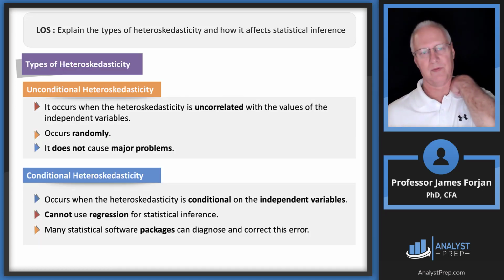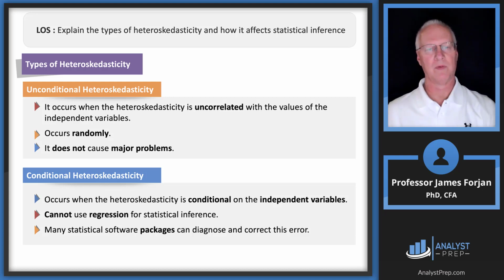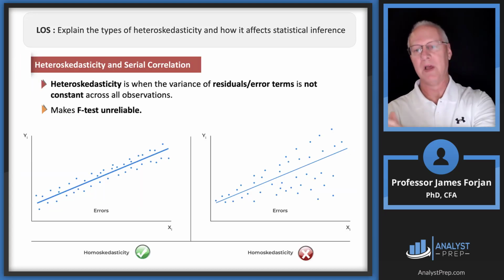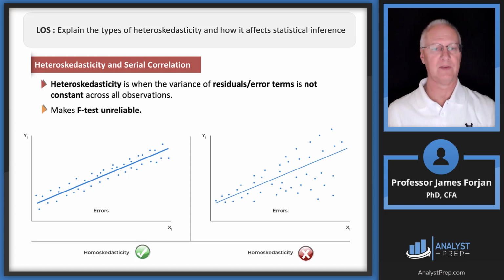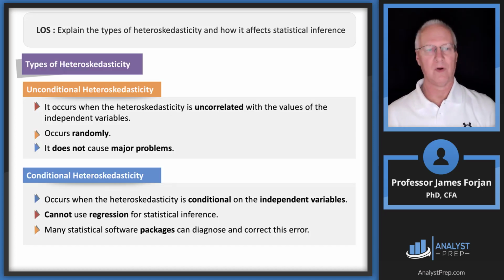Now, the good news for all of us who want to perform this research is that there are 2 types of heteroscedasticity. So let me go back here. So we can have heteroscedasticity that is okay. We can have heteroscedasticity that is not okay. So unconditional heteroscedasticity is perfectly fine. It almost never causes major problems.